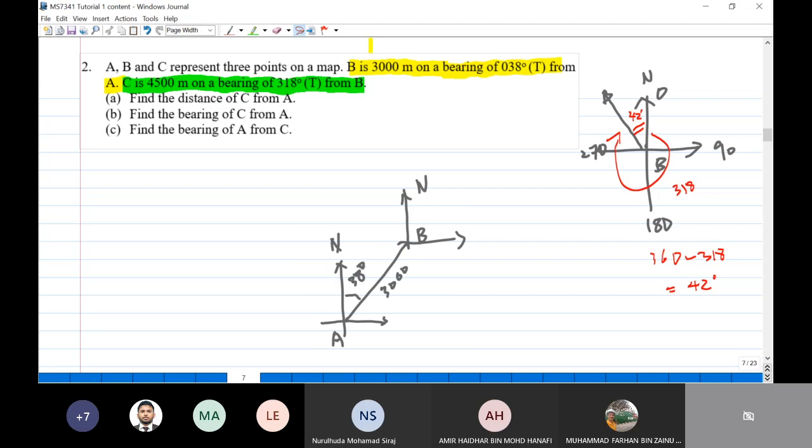So you go in this direction, 42 degrees, then go this direction, 4500. Let me extend a little bit here, slightly bigger. So this point is C now.